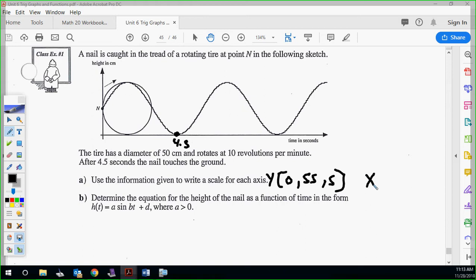My x, 10 revolutions per minute. I'm doing my stuff in seconds, right? I'd just say probably 0 to 12. If I do 12 seconds, I'm going to hit the ground 3 times.